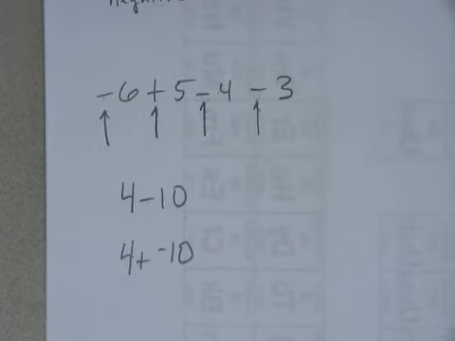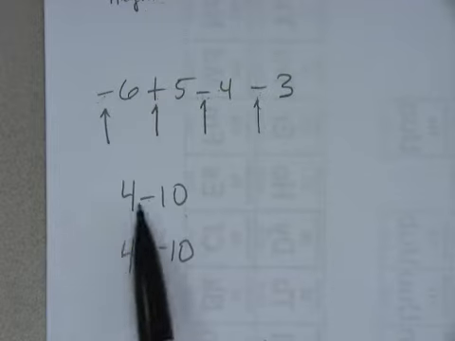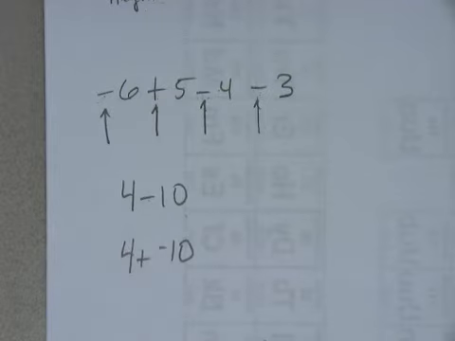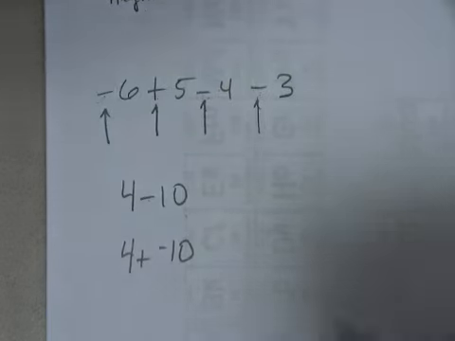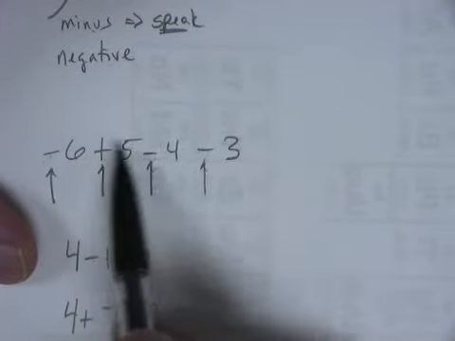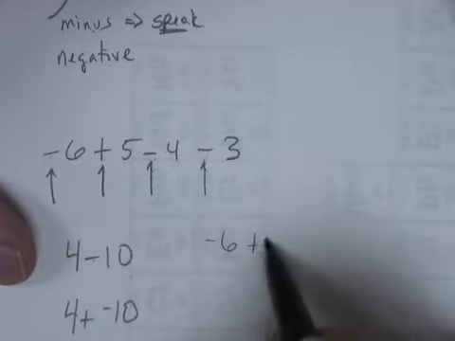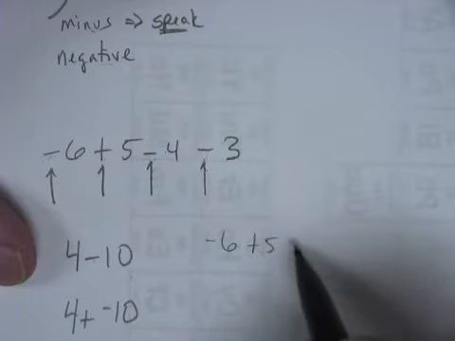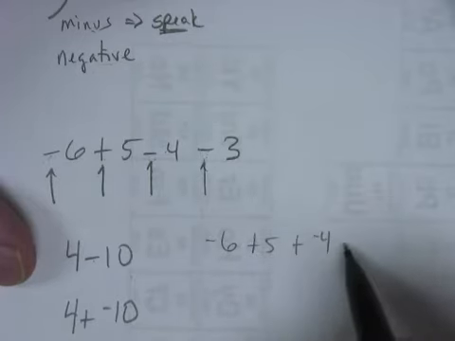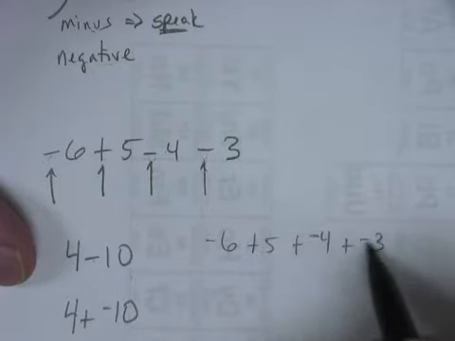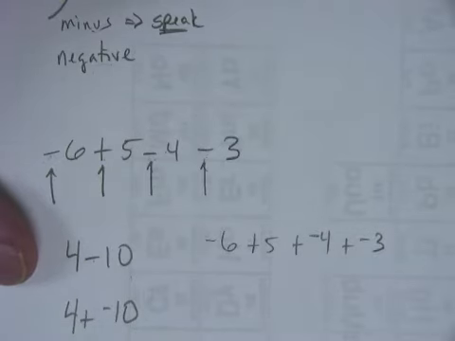I could say it is 4 minus 10, or I could say it's 4 plus a negative 10. You need to know that all subtraction problems can be rewritten as addition problems. If I were to rewrite this one up above as all addition, it would be negative 6 plus 5, that's already addition, plus negative 4 plus negative 3. You just kind of write the negative at the top.